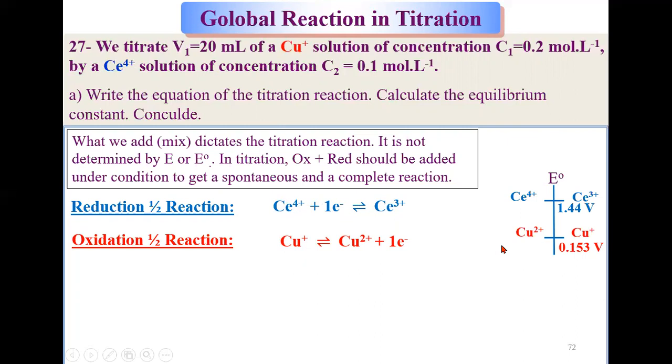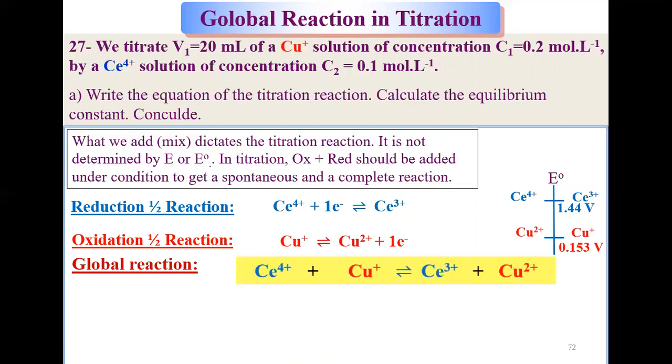And in a titration, we just hope that when they add an oxidant and a reductant, that they're adding them in a way and in concentrations to get definitely a spontaneous reaction. Now, indeed, if we look at the E naught for the selenium couple and the copper couple, we have a spontaneous reaction between the selenium 4+ and the copper plus. The global reaction: add the 2 equations, and you're done.